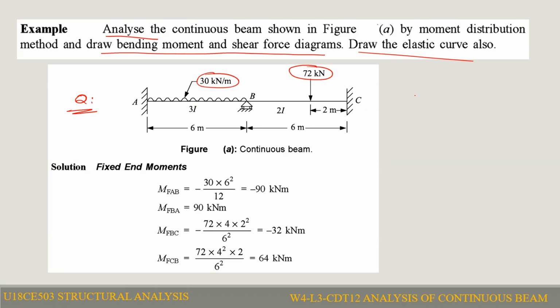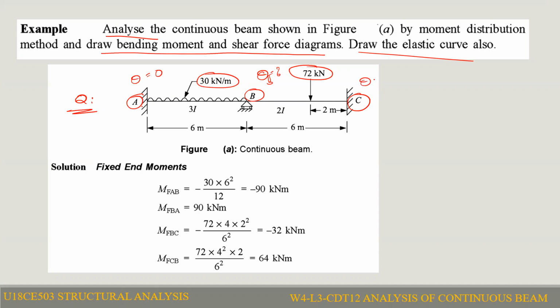So the first step, we need to observe the number of unknowns in the given structure. If you observe, support A is a fixed support, support C is a fixed support, and support B is a roller support. At the roller support, theta B is unknown. At the fixed supports, theta is 0.